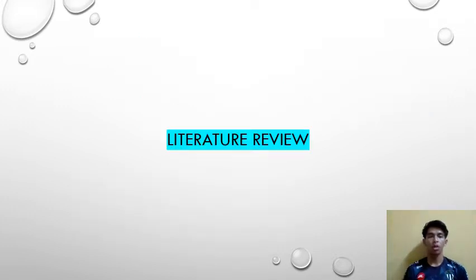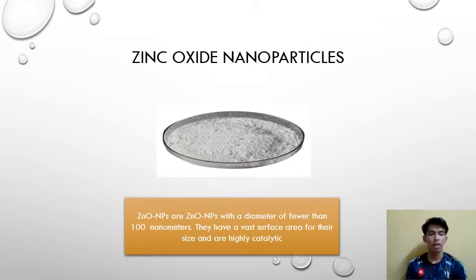So now we go to chapter 2, which is literature review. Zinc nanoparticles are zinc nanoparticles with a diameter of fewer than 100 nanometers. They have a vast surface area for their size and are highly catalytic. The physical and chemical properties of zinc oxide nanoparticles differ depending on how they are made.